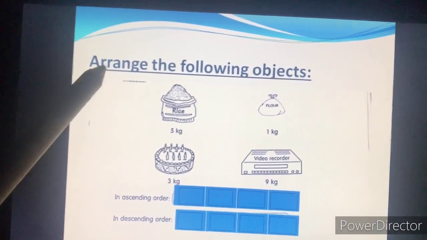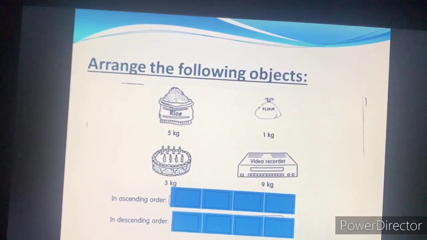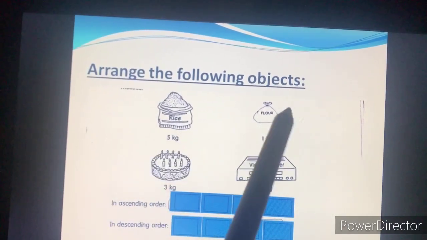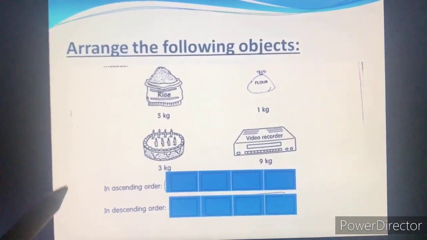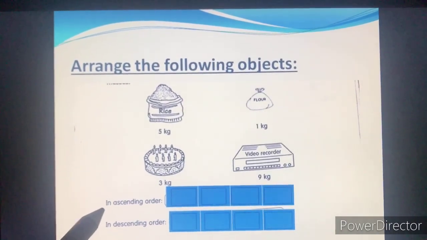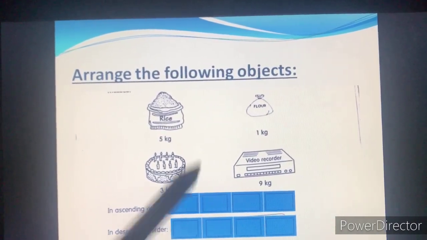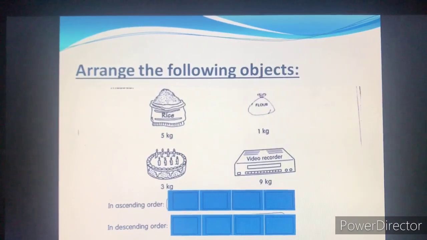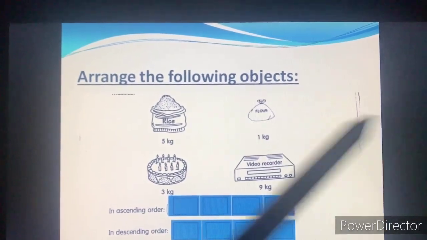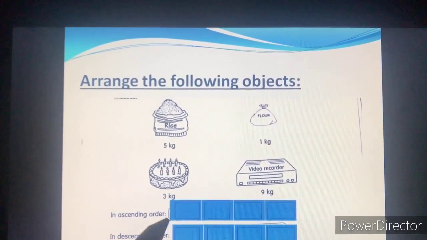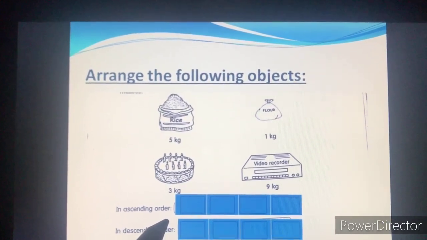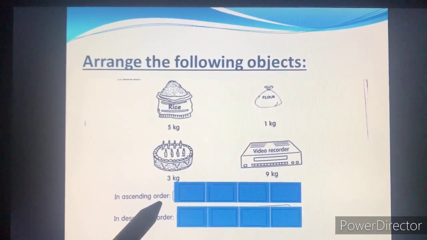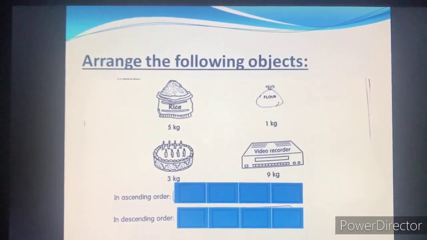The next question given to you in your activity book is arrange the following objects. But how? They're simply saying arrange the following objects. What objects? Rice, flour, cake and the video recorder. They are asking you here in ascending order and then in descending order. So first of all, we are going to put them in ascending order. But hey, what is an ascending order? Yes, from smaller to higher.